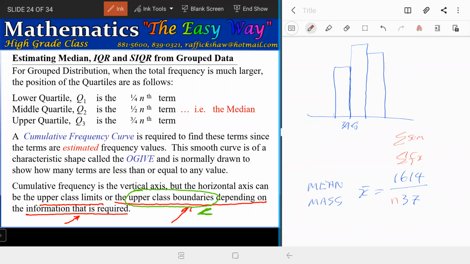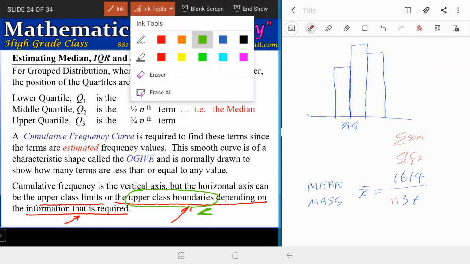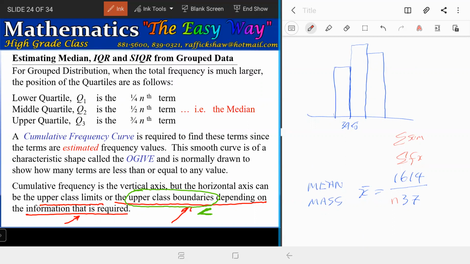Sir, I was trying to give an example to see if I understand. Yeah, all right, go ahead.